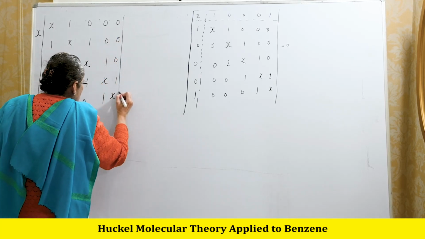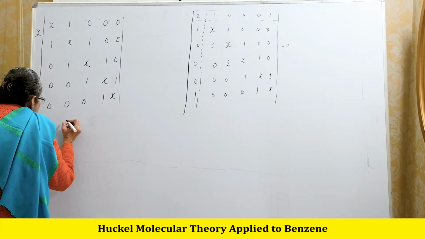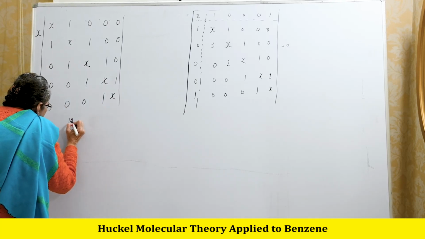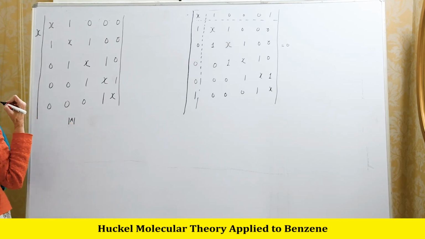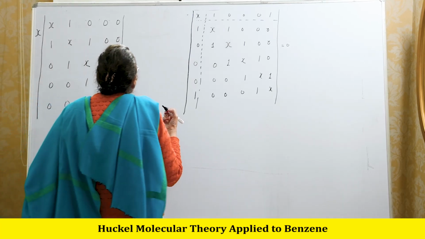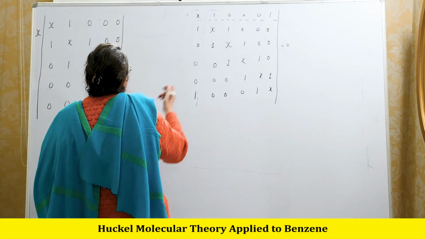This we get as matrix A, this is A, and this is multiplied by x. This is the A matrix, and the second matrix we get.